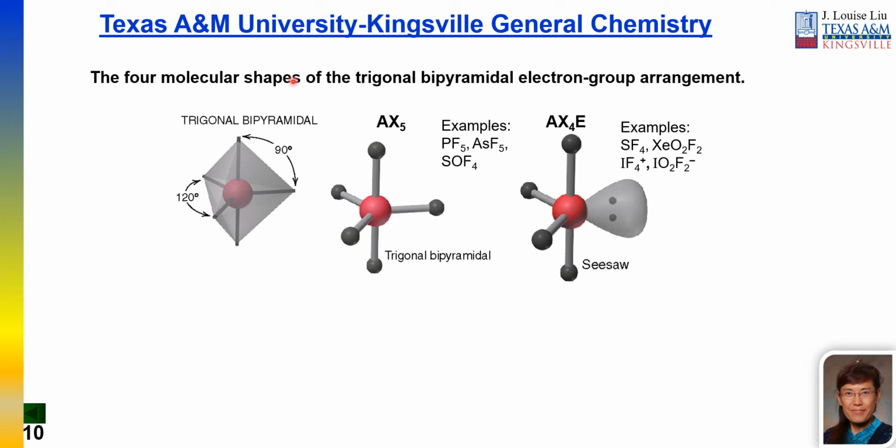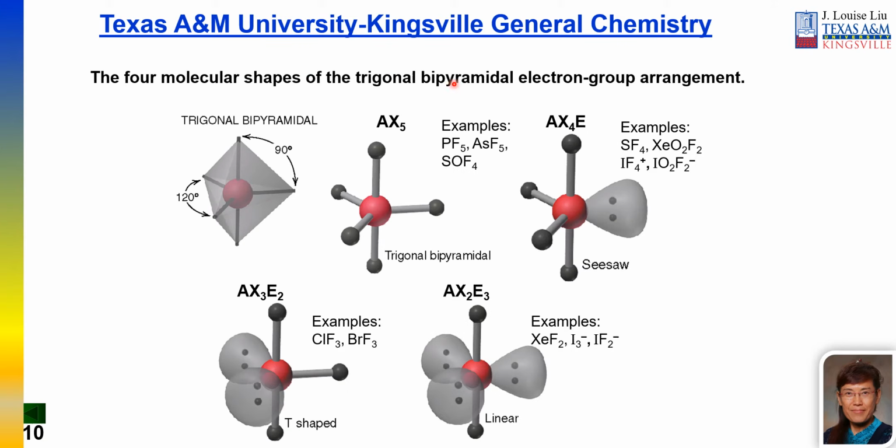The fourth set of molecular shapes, from the trigonal bipyramidal electron group arrangement, can be differentiated into 4 different types. If you have all surrounding atoms as F's, such as PF5, arsenic trifluoride, if you have these structures, your molecular shape will be essentially the same as the shape for the electron group arrangement.